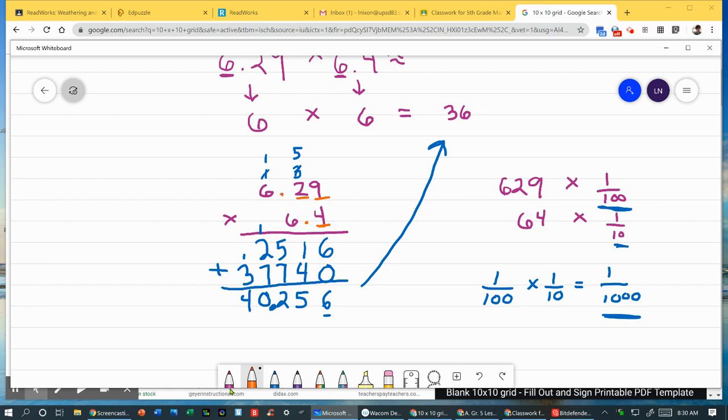So I have a total of 3 digits to the right of the decimal point in my factors here. That means I should have a total of 3 digits to the right of the decimal point in my product. Let's look. 1, 2, 3. Perfect.